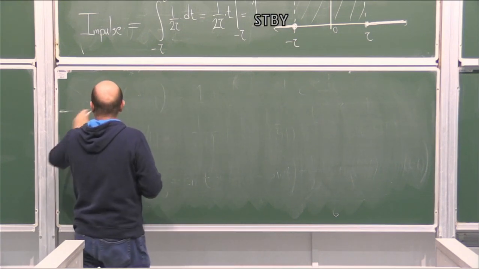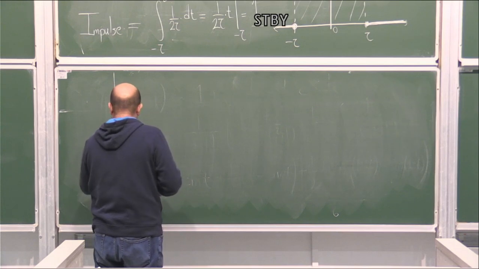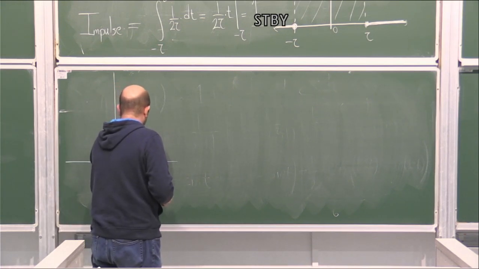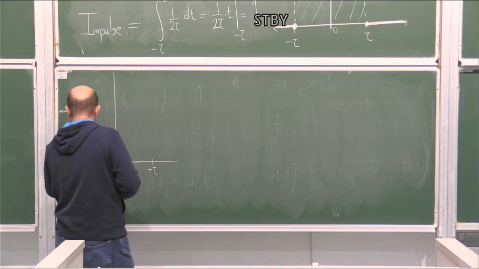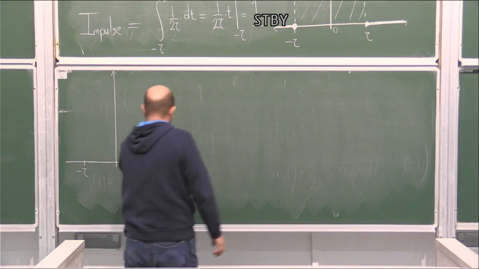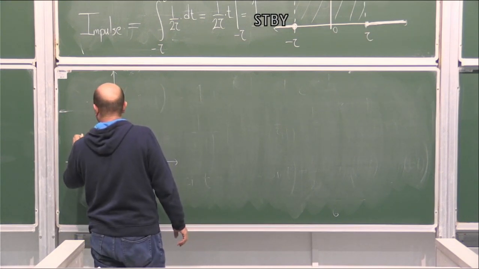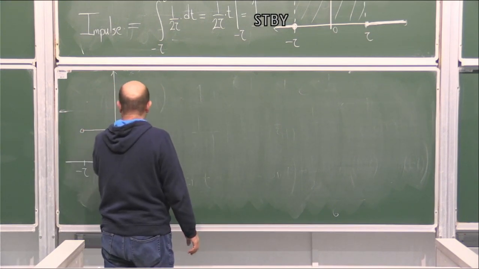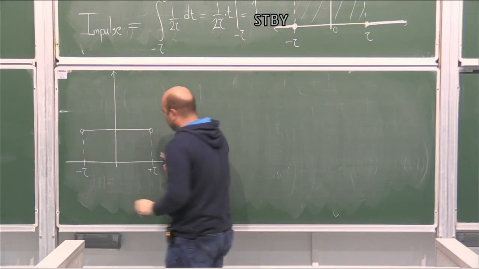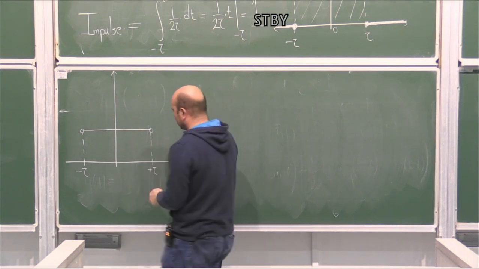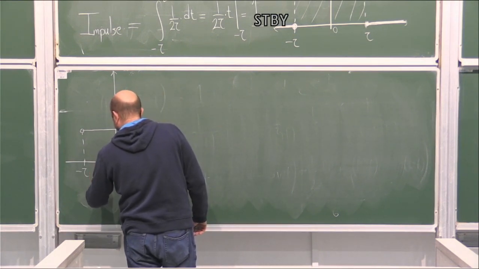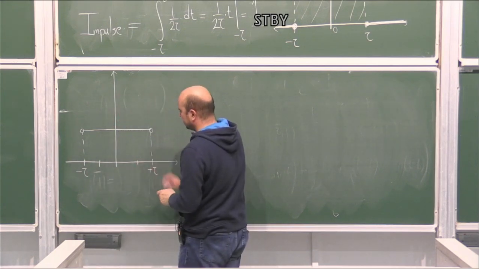So previously we had something like this. Now I introduce a new tau, I make tau smaller, then we get this one. Let's say these are the new taus.